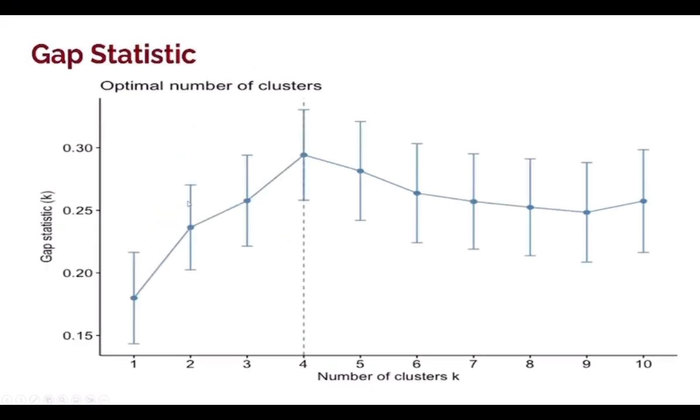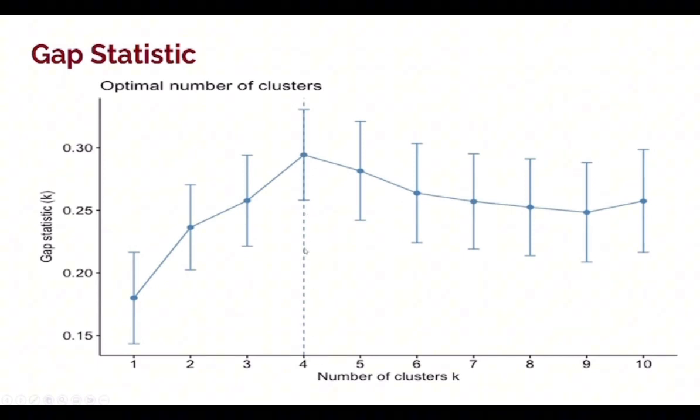Now, if you want to base it on gap statistic, because this has incorporated more technical statistical ideas, we can actually trust gap statistic. Now when you take a look at this, it's telling us the number of clusters equal to 4.